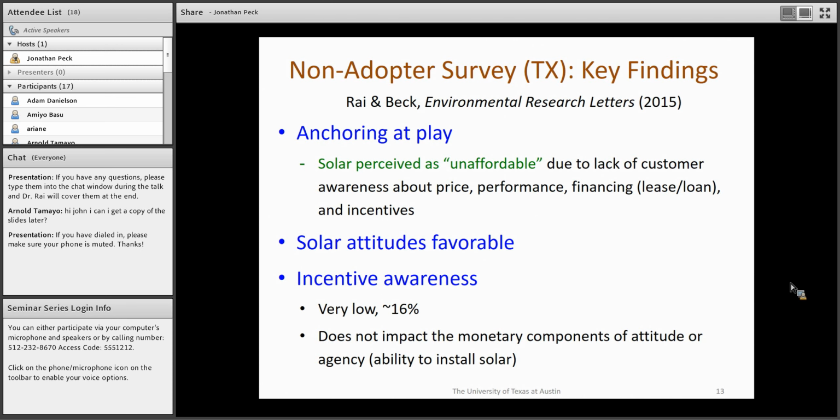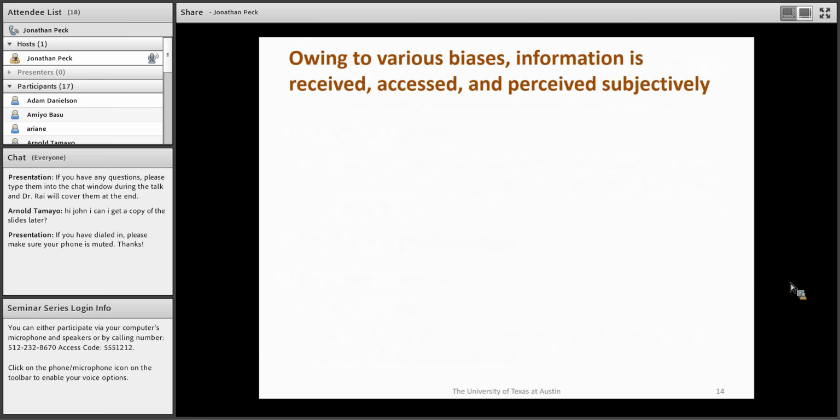And that's quite striking, and it goes back to the point of how is information found, and then if found, how is that information used in making the decisions.